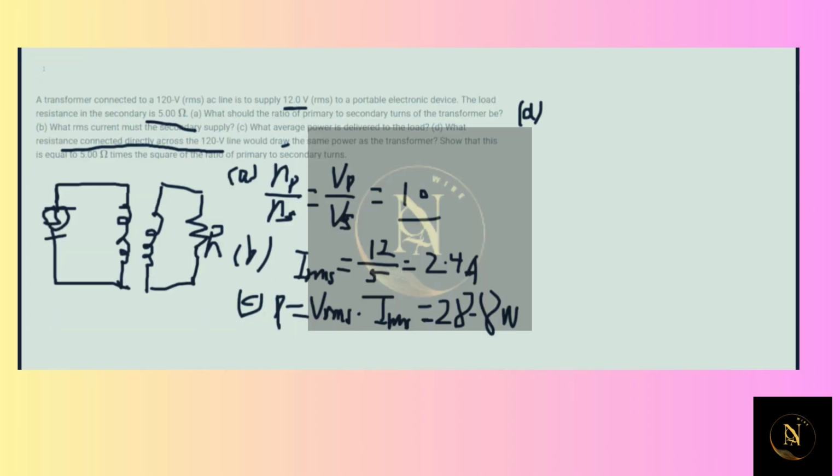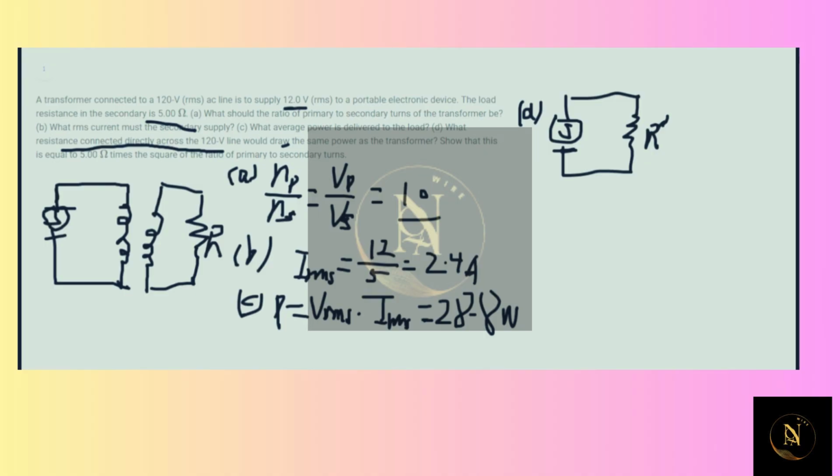So I think it's just like we have this power supply, and it's just connected with another resistor directly, R prime, and this power supply is also 120 volts. So we want to know what this R prime is if the power in this circuit is the same as the power in this circuit. I think this is the meaning of this part.